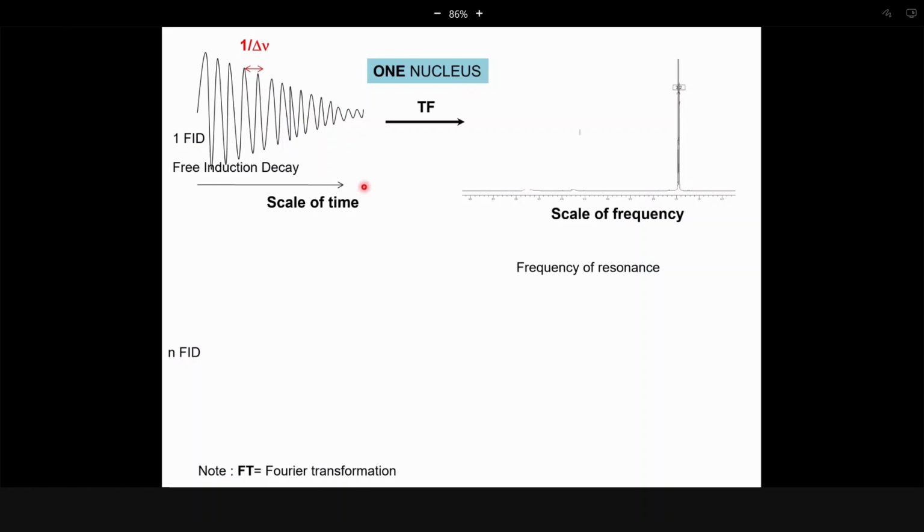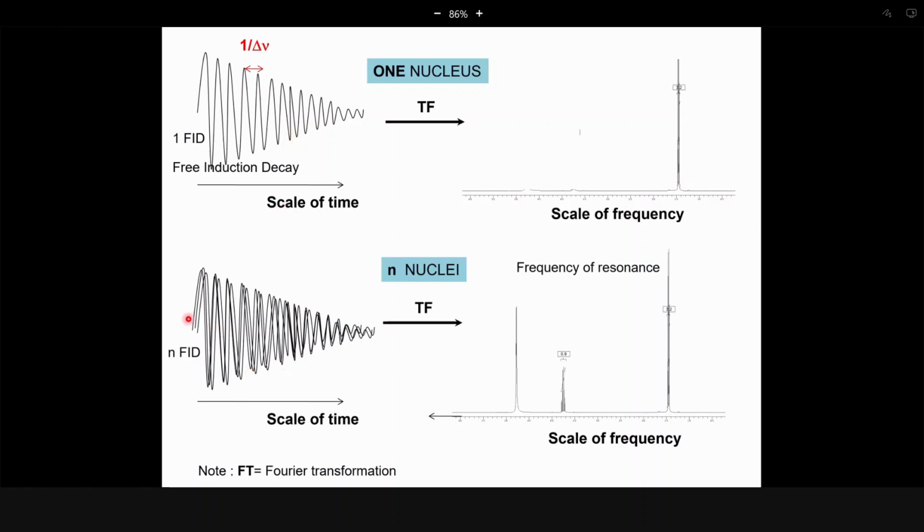But in a sample, you will have not only one nucleus, you will have many of them. So it's something like that, very confusing. But after the Fourier transformation on each FID, we will be able to have this kind of spectrum.